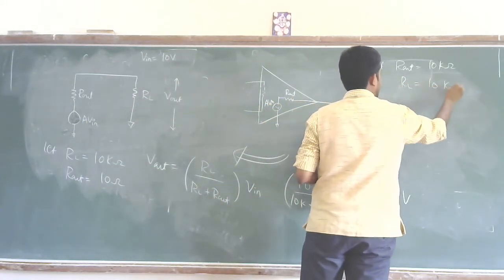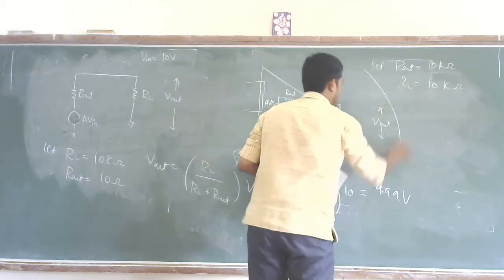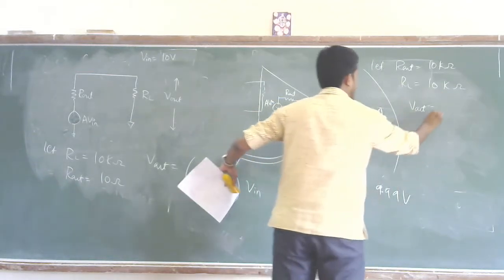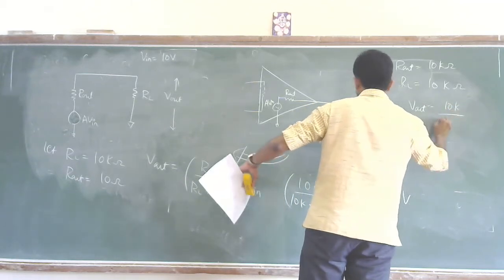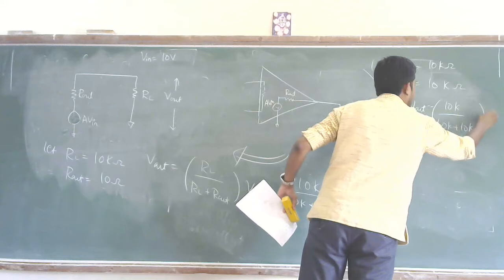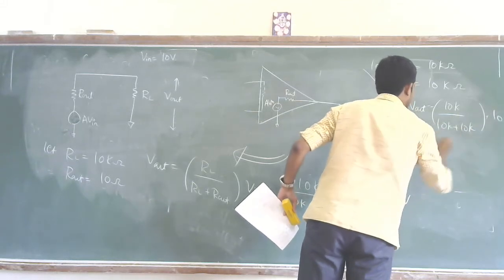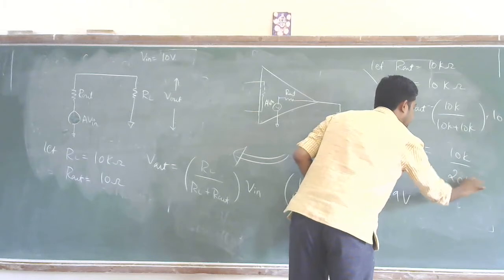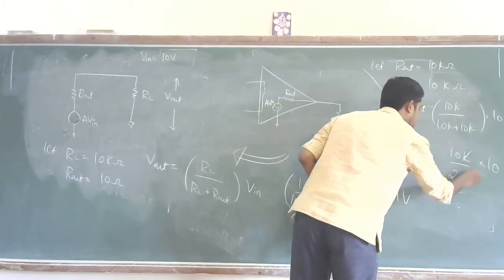Load resistance will remain as it is. Now what will be the output voltage equation? Output voltage is RL, that is 10k divided by 10k plus 10k multiplied by 10. This is a simple calculation. So that will be 10k divided by 20k multiplied by 10.